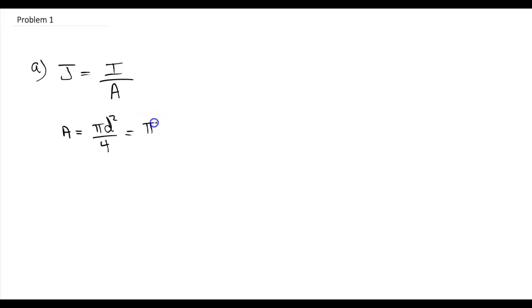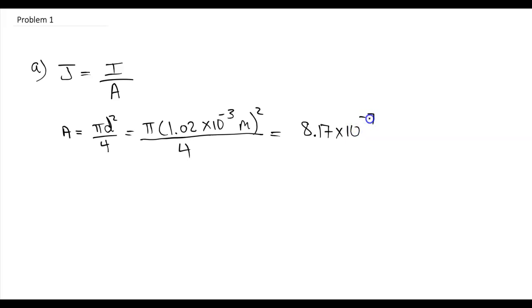And plugging these numbers in, we have pi times 1.02 times 10 to the minus third meters quantity squared, all over 4. And that gives us a value of 8.17 times 10 to the negative 7th meters squared.